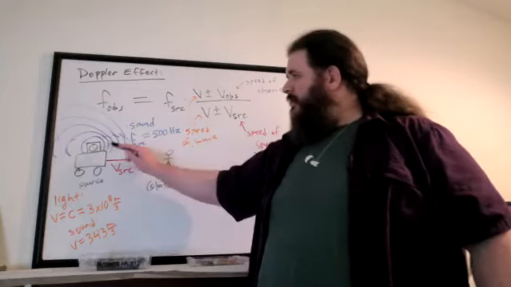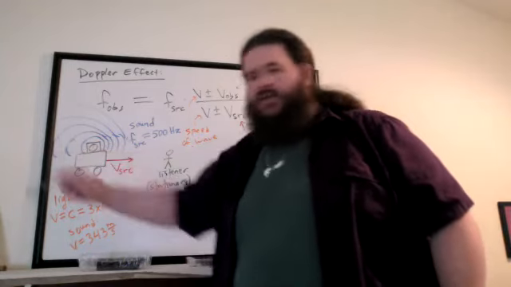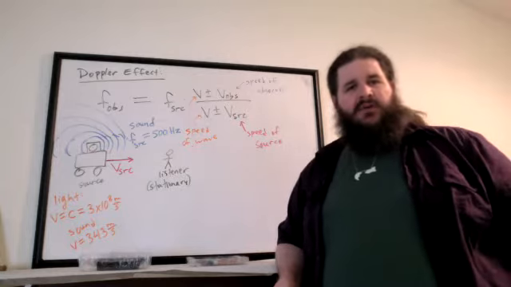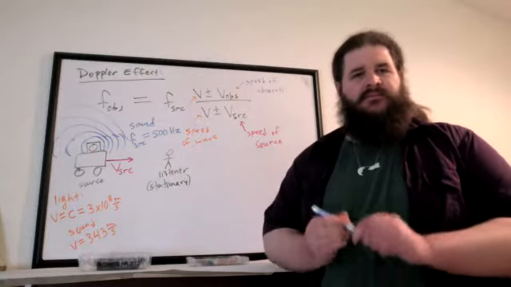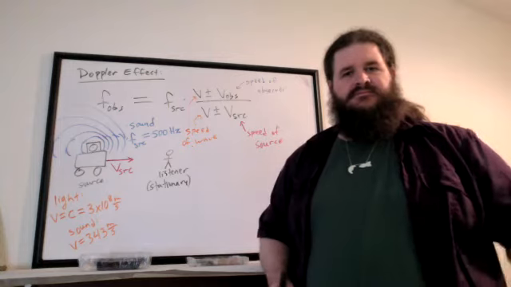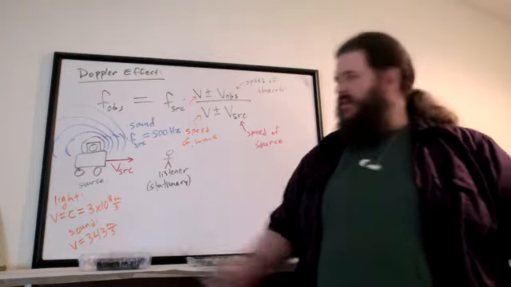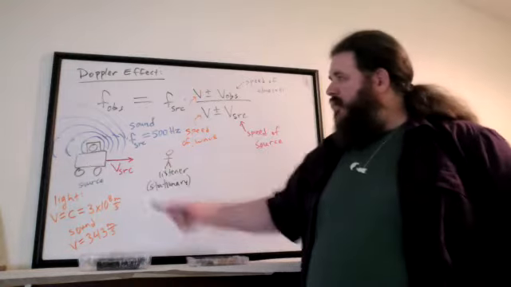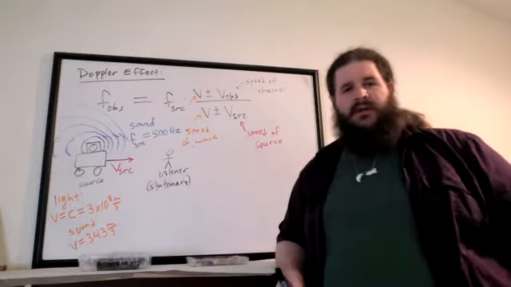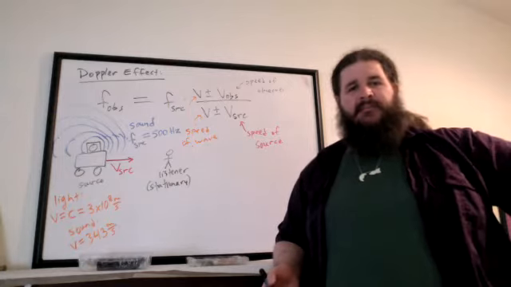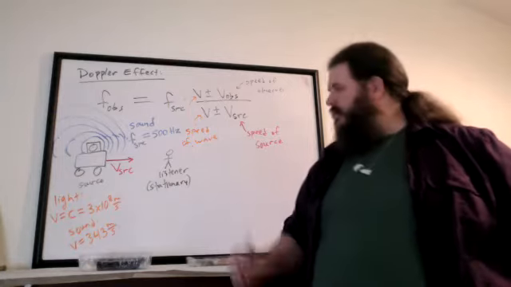So the waves in front get bunched up, the waves behind get more spread out, which means you should be hearing a higher or lower frequency. If the speaker mobile is moving towards you and the waves are getting more bunched up, you'd expect a higher frequency. You're going to be getting hit by more wavefronts per second.